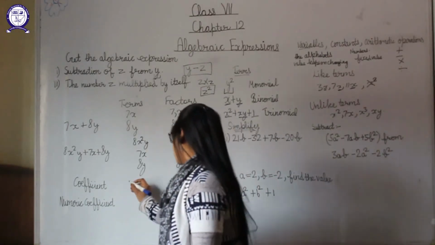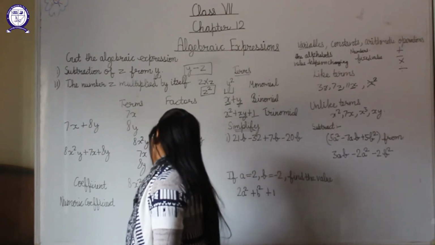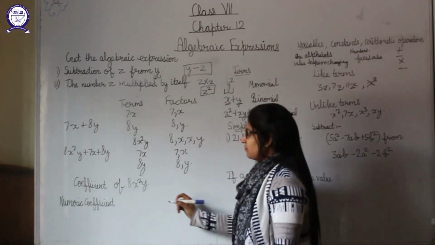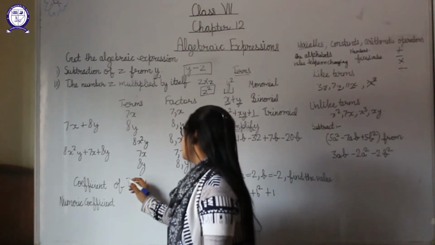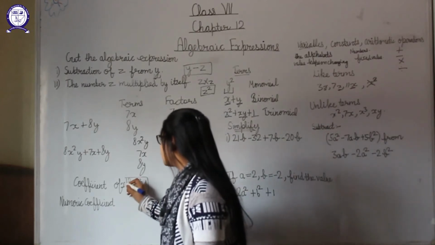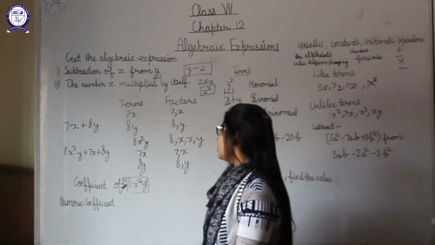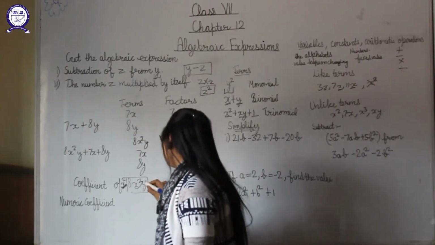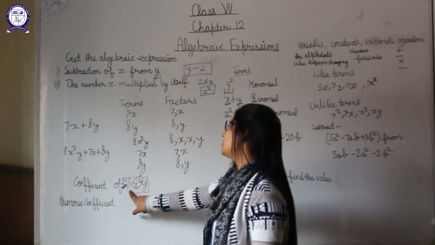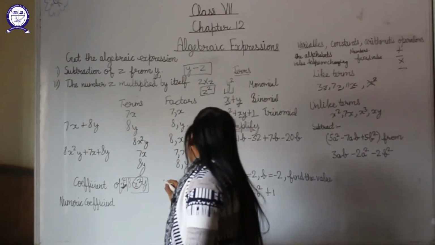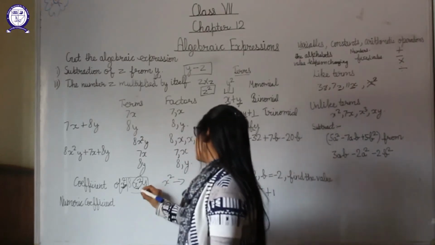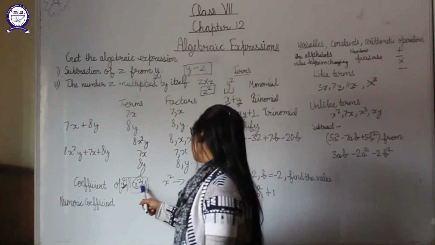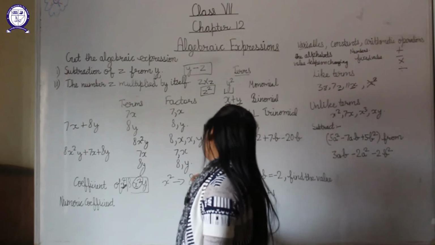If here I am talking about the term 8x square y, okay, and I am asking about the coefficient of x square in this term, so what we will do, we will leave this x square and the remaining factors will be the coefficient. So 8y is the coefficient of x square.